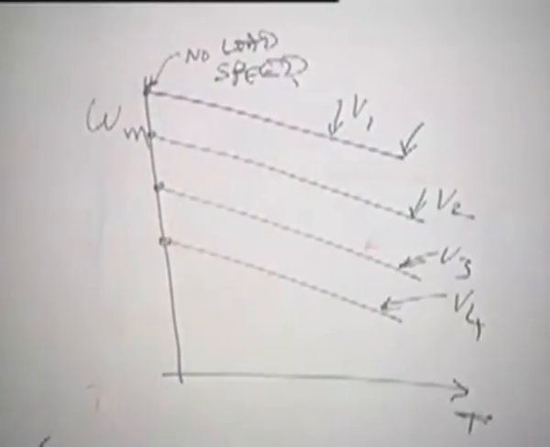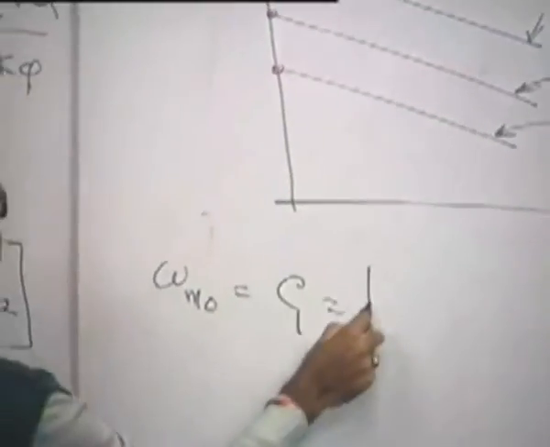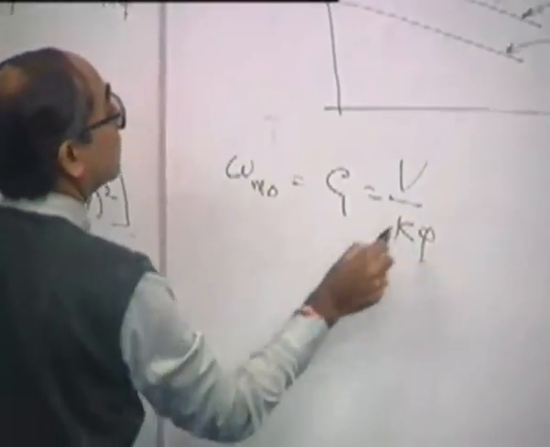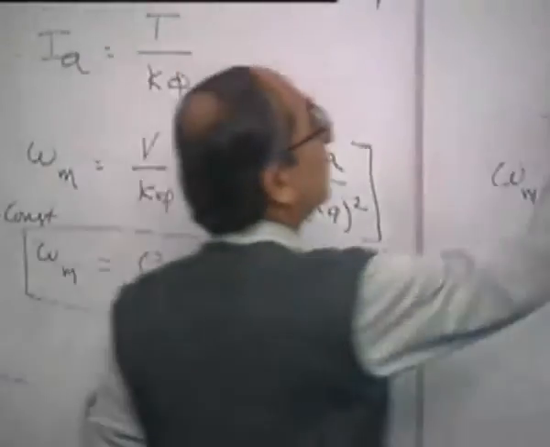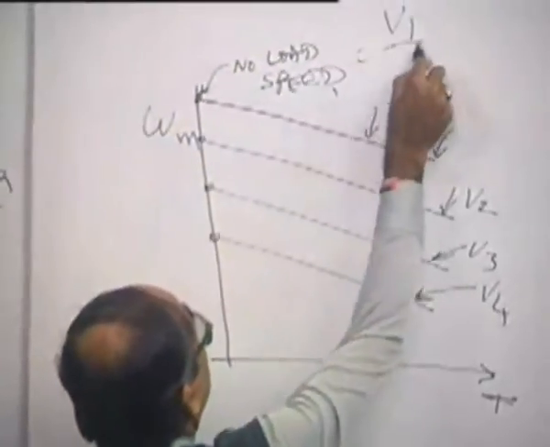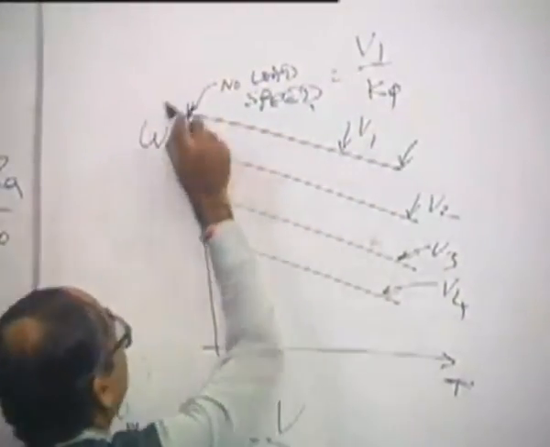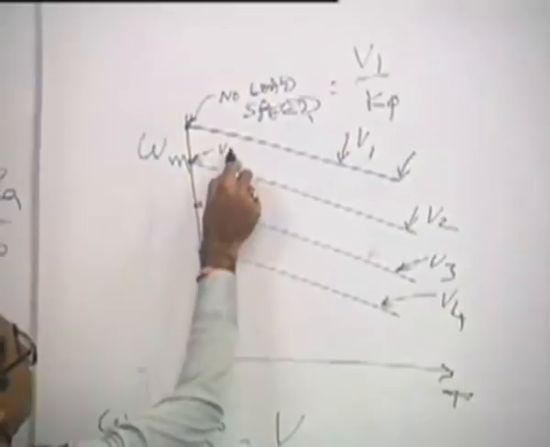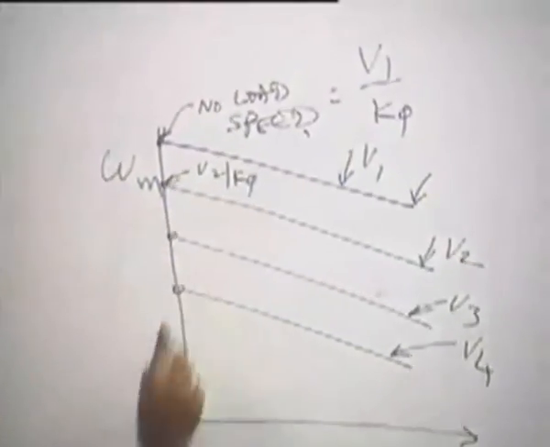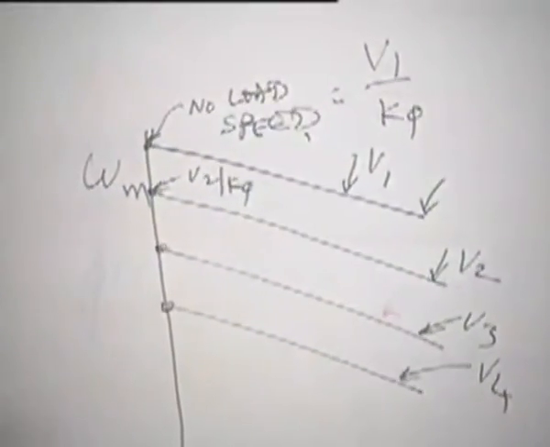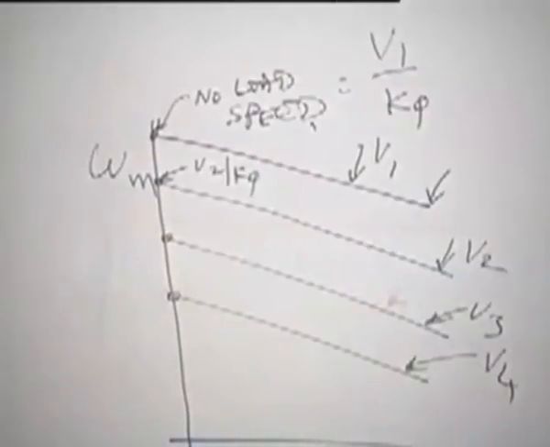So that is omega m naught, which will be equal to C1, that is V by K phi. At no load, this is the speed, which is V1 by K phi at this point. This will be V2 by K phi, like this. So you must know that this is more or less a linear drop.